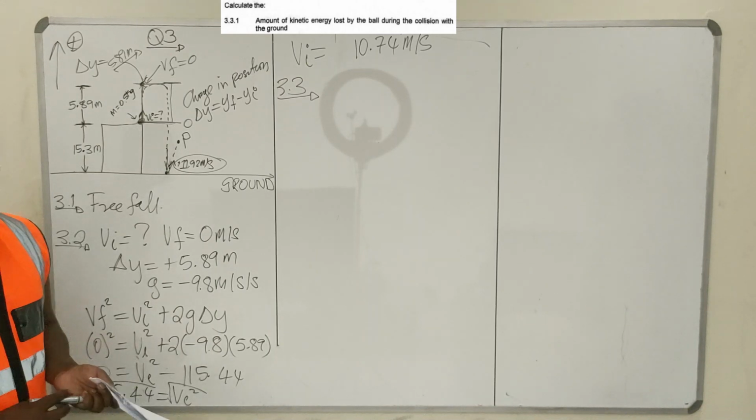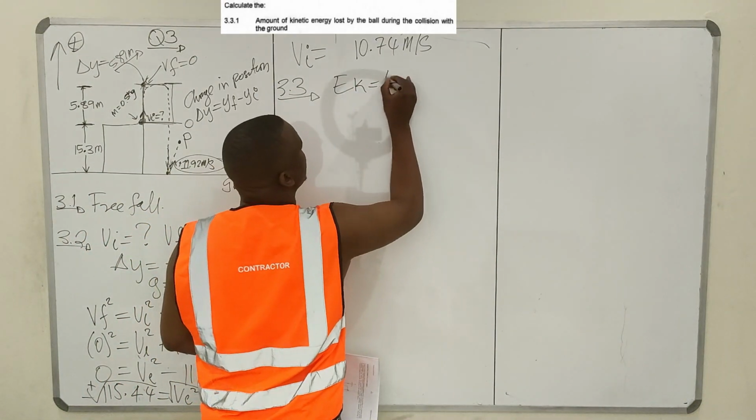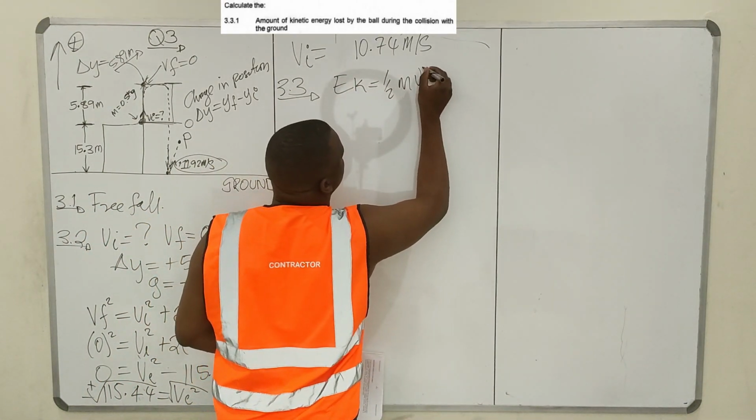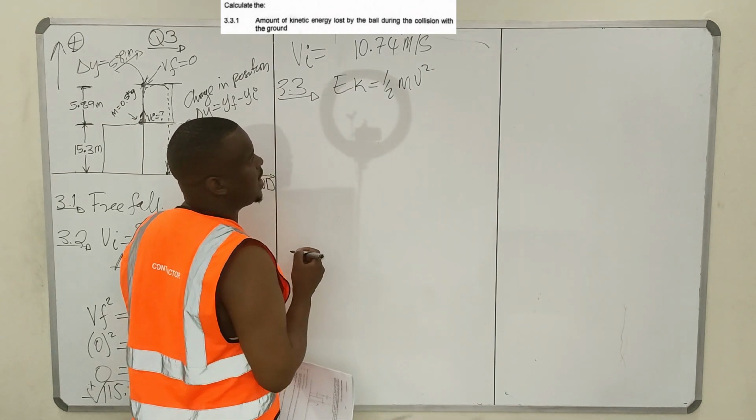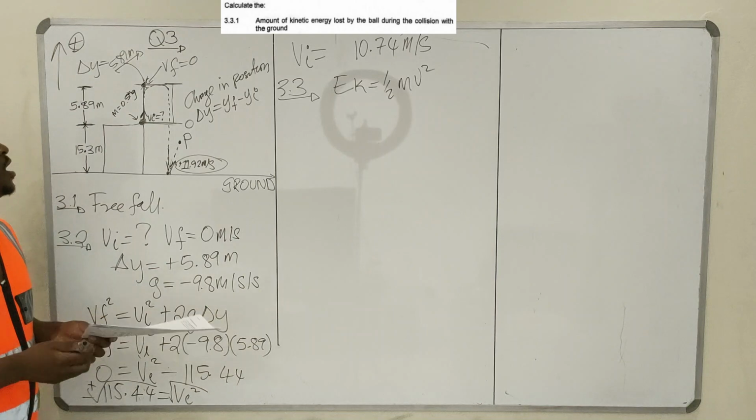To find the kinetic energy, say EK is equal to half mv squared. That's the formula for your kinetic energy.